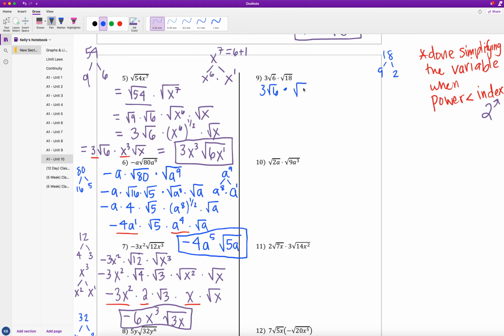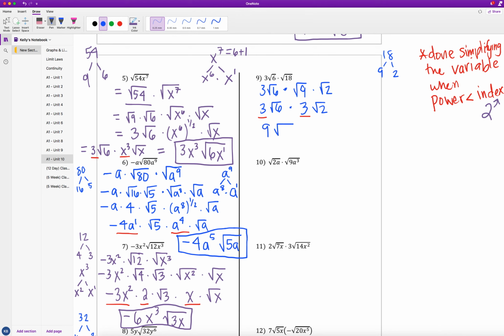So I'm going to break this apart into the square root of 9 times the square root of 2. From here, the 3 root 6, again, I still can't simplify anymore, but the square root of 9 is 3, and I'm left with 3 times root 2 then. Just like we were doing before, anything that's in front of the square roots, I'm going to combine together. So 3 times 3 is going to give us 9.